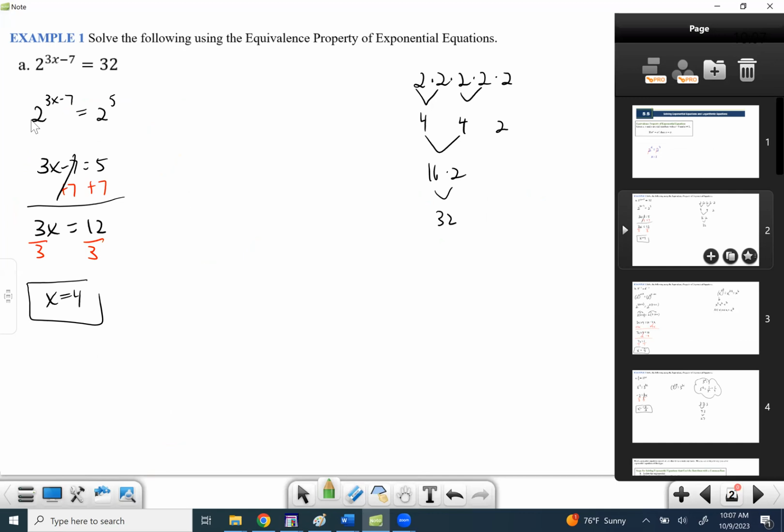If you can get a log to equal another log, cool, then get rid of the word log. That's your equivalence properties. And then we have steps that we have to follow for the other cases where we can't use the equivalence properties. And the main thing to remember with logs, check your answers. I got burned by that myself when I was a student. So don't forget to check on the logarithms.